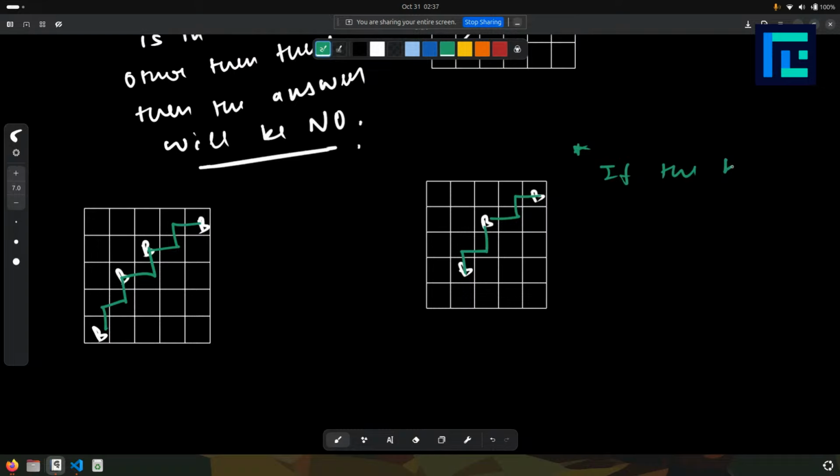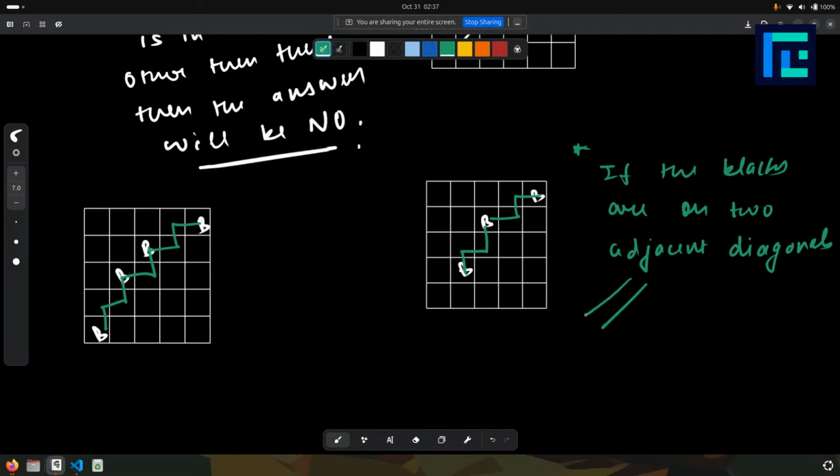If the blacks are on two adjacent diagonals, and I am talking about diagonals like this, then we can connect.